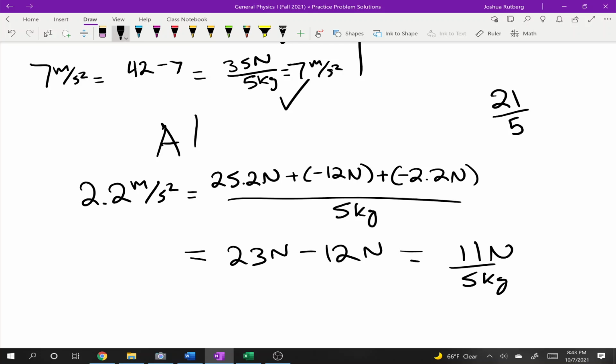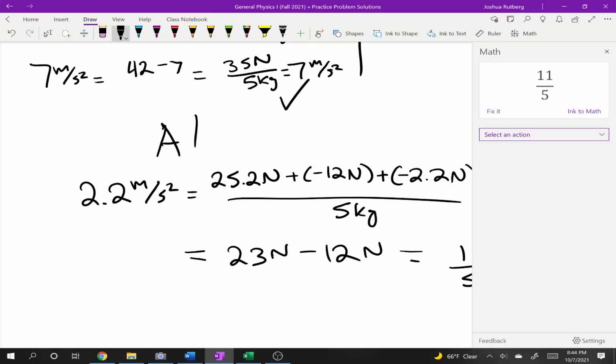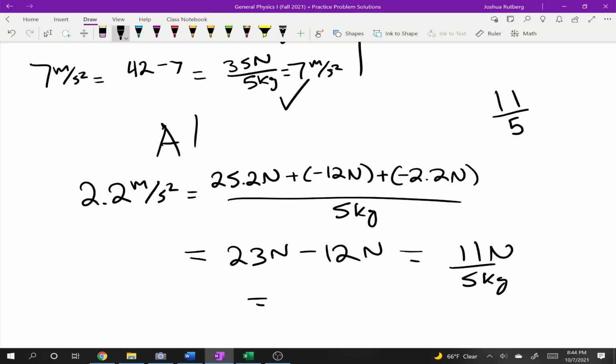It is in fact 11. That would explain things. So 11 newtons divided by 5 kilograms, and we get 2.2 meters per second squared.